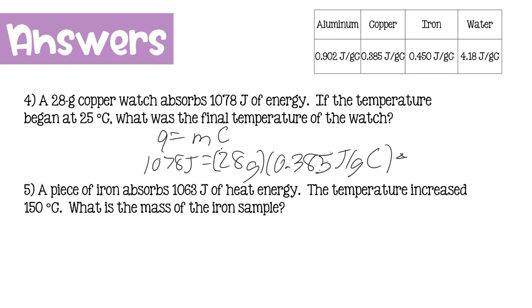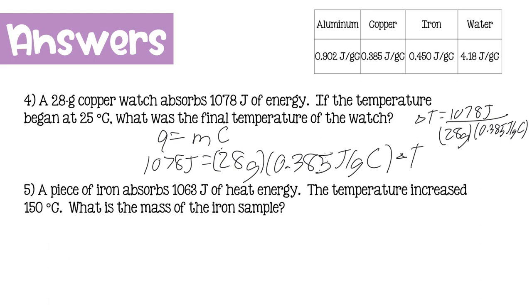So we're going to solve this equation for delta T. So what you're going to do is you're going to say delta T equals 1,078 joules over 28 grams times 0.385 joules per gram degree Celsius.